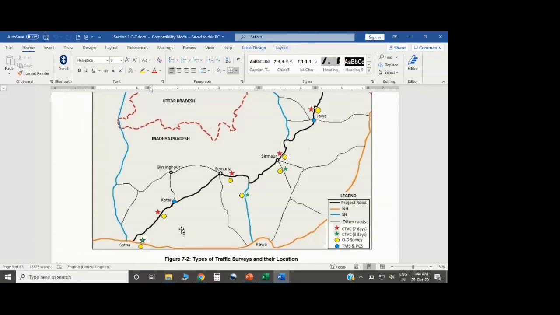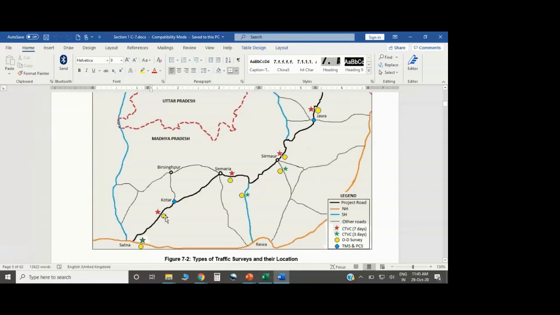If there is a national highway passing very closely to your road, as in the case we saw here, it was necessary to do the survey on that national highway also. That was known as the influence corridor, and there also we did a CTVC, traffic volume count, but only for 3 days because it was an influence corridor. Like this, we had identified 3 influence corridors, and there we had done the survey.